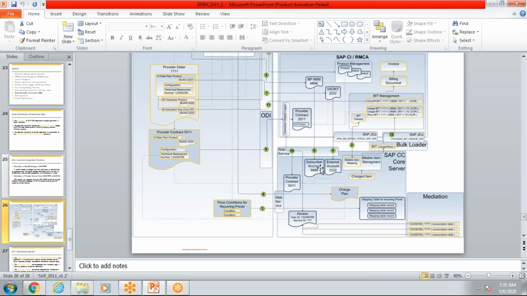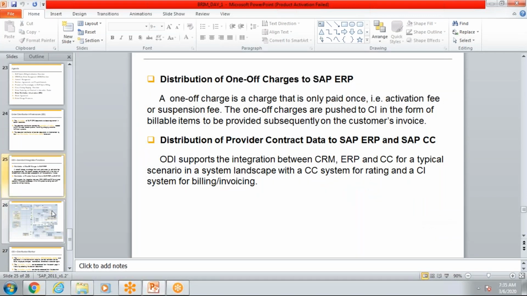Okay. So this is an architectural diagram.